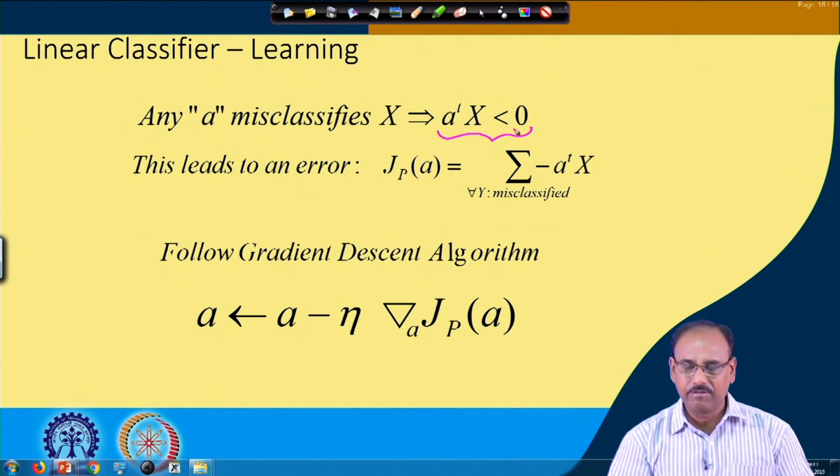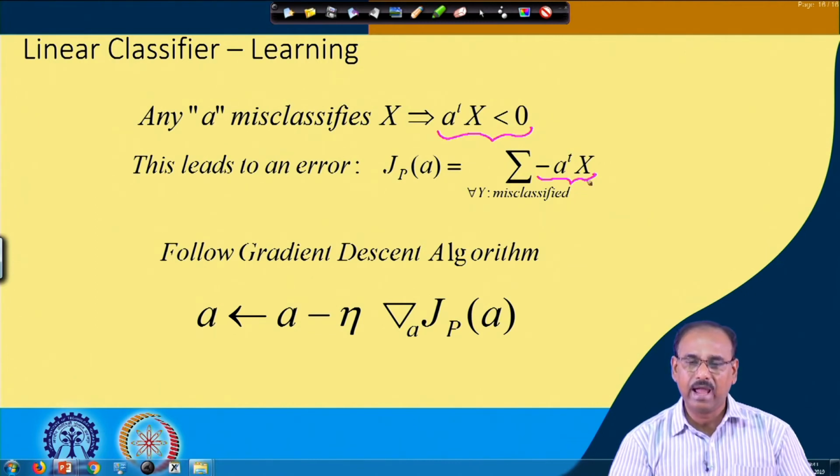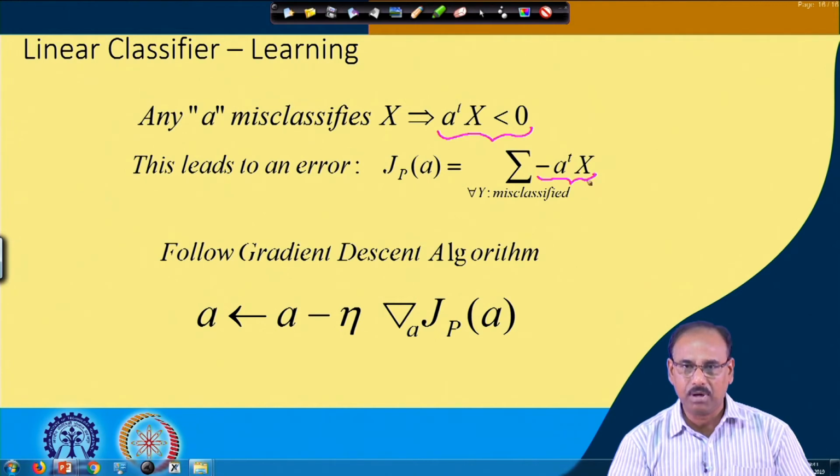So, I can have an error measure for this misclassified sample, which I will put as minus A transpose x. As A transpose x is less than 0, minus A transpose x is positive. That means, a misclassified sample leads to a positive error. Whenever A correctly classifies all the samples, this error will be equal to 0.